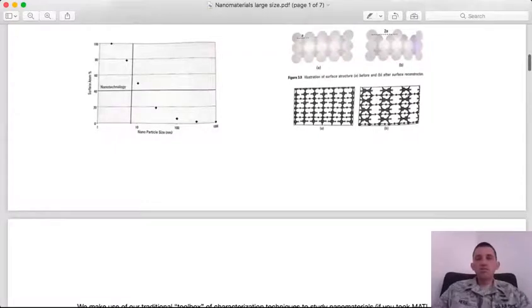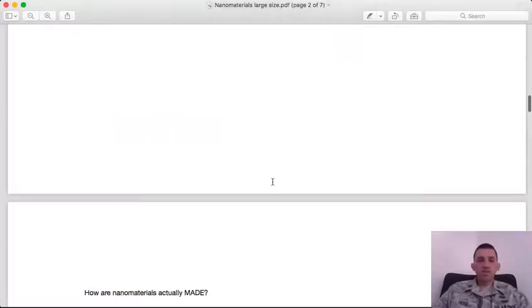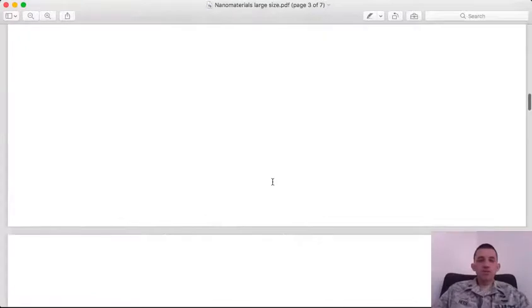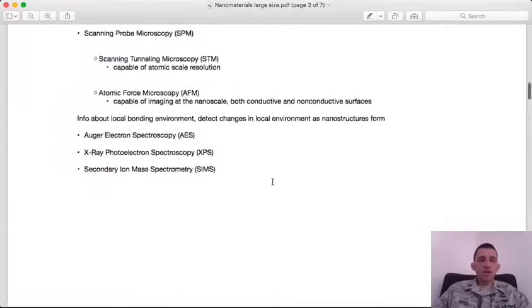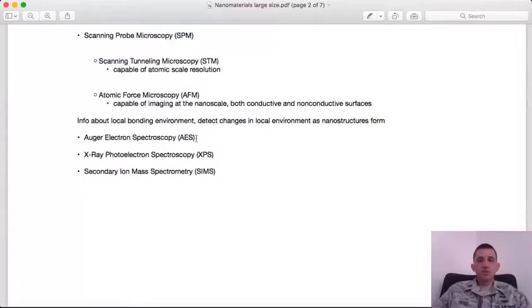You can get information about that environment through Auger electron spectroscopy and X-ray photoelectron spectroscopy. In both of these, the energy of electrons being emitted from the surface will change based upon the type of bond in the local electronic environment that they came from. So if I have a reconstruction in a nanostructure, I can see it in the energies of these electrons.